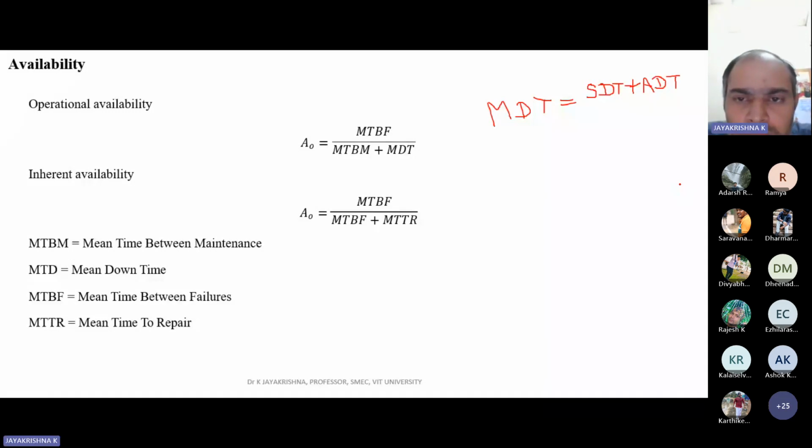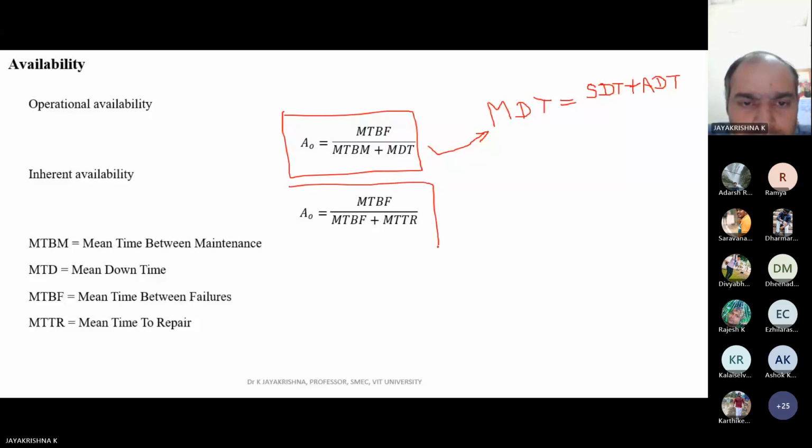Okay, so then inherent availability. Inherent means it's already readily available. So it is MTBF, mean time between failure, divided by MTBF plus MTTR. So these two formulas, please memorize. Please note down these two formulas: operational availability and inherent availability.